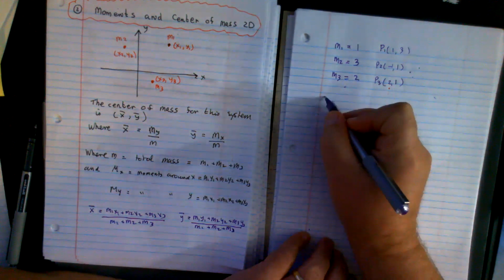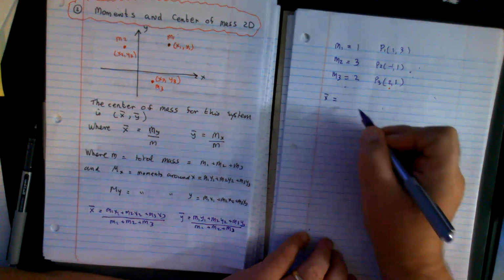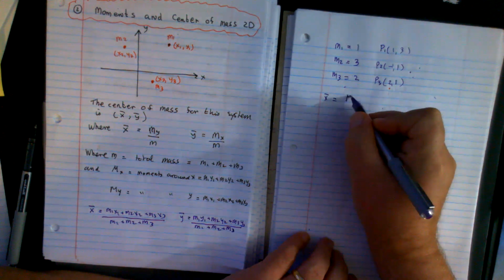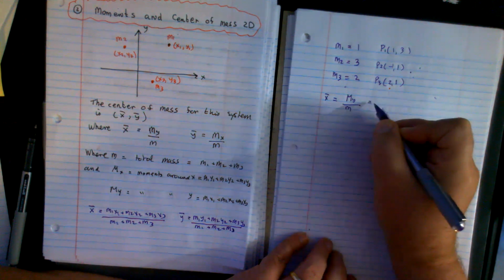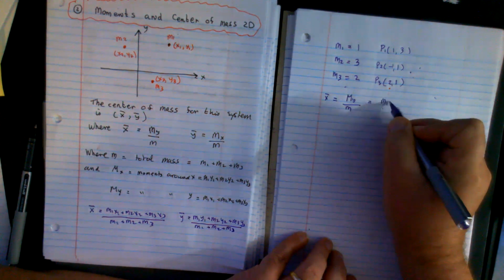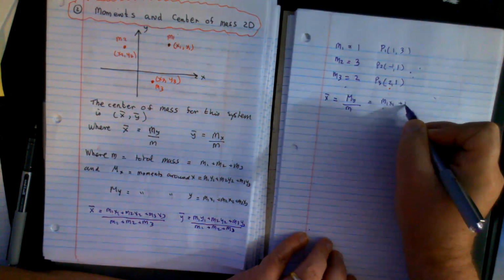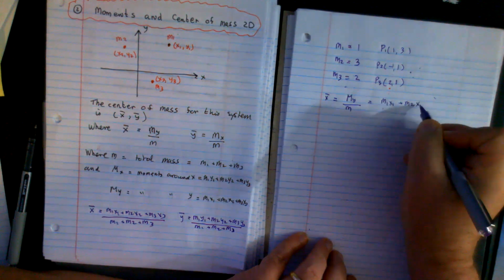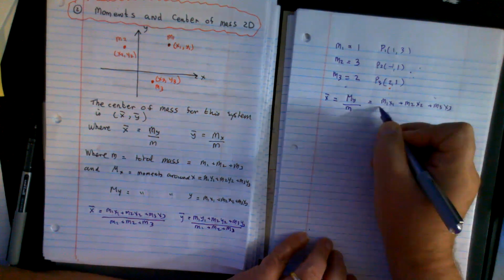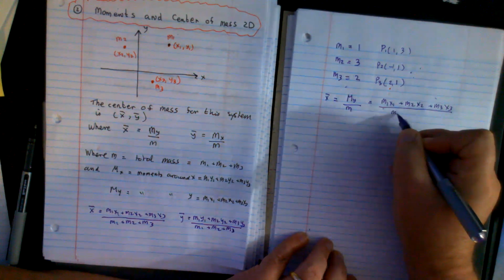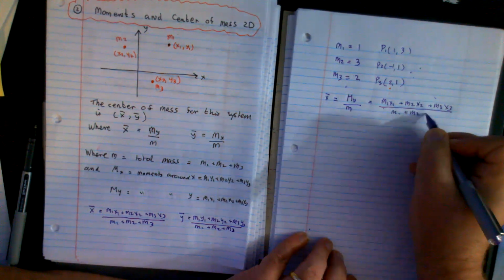Now, X bar then, the moment over the Y's, M. That guy is M1 X1, M2 X2, M3 X3, over M1, M2, M3.